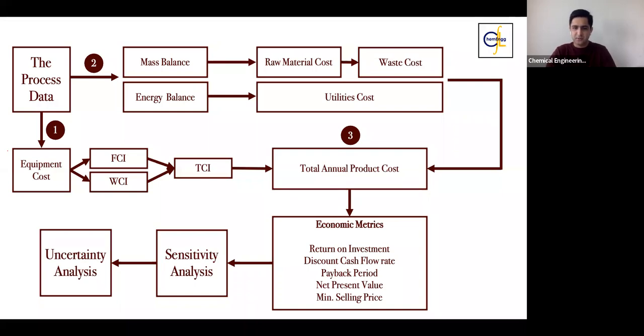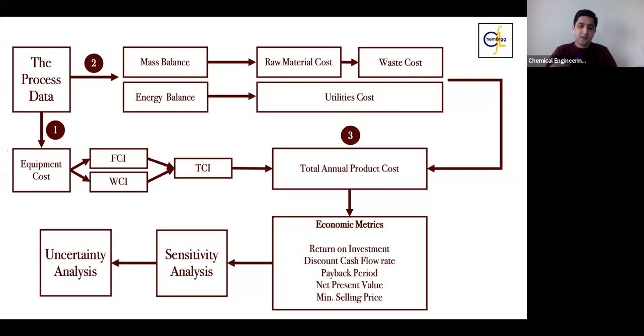Once you have the metrics in place, and this part is very important, everything that you do up until this point is very theoretical. We are not actually building a plant. You're not going to be calling actual suppliers and asking them the realistic cost of each and every piece of equipment. All of this is done through literature study.